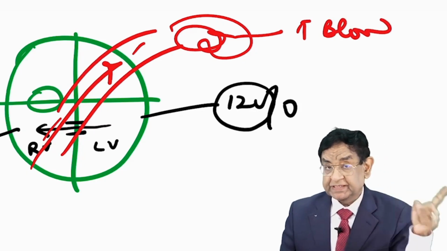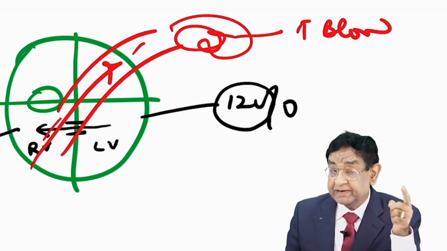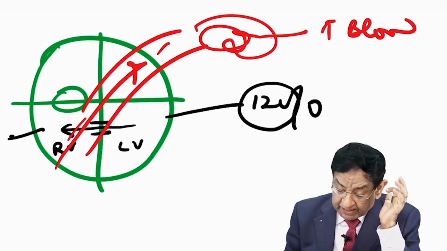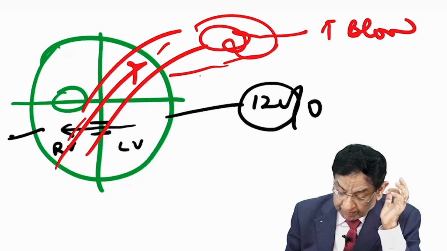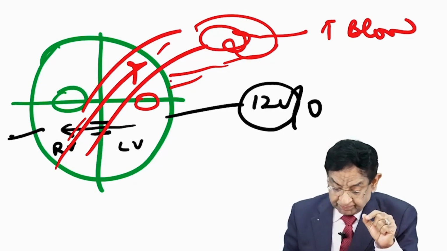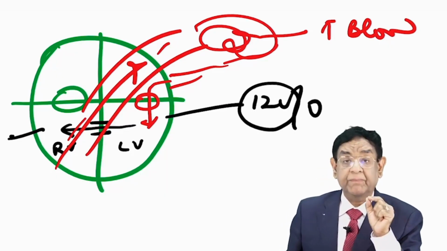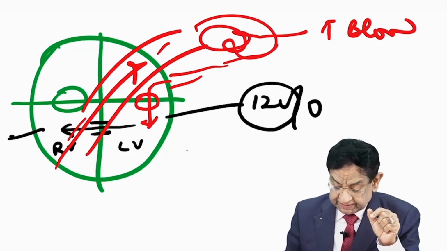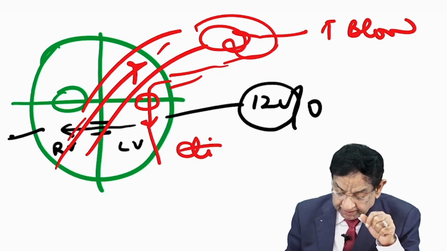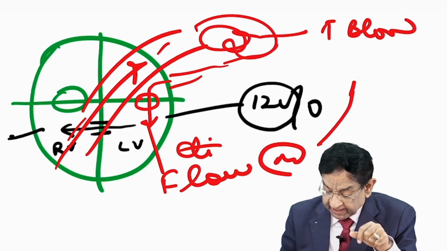Remember, same thing happened in ASD. But there the problem was pre-tricuspid. It is post-tricuspid. So the large amount of blood will come back from the pulmonary artery to the left atrium, and from the left atrium large amount of blood will flow into the LV through the mitral valve. So we expect a diastolic flow murmur at the level of mitral valve.